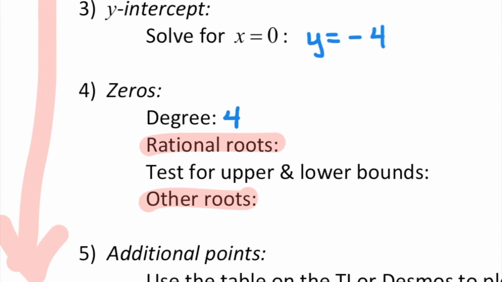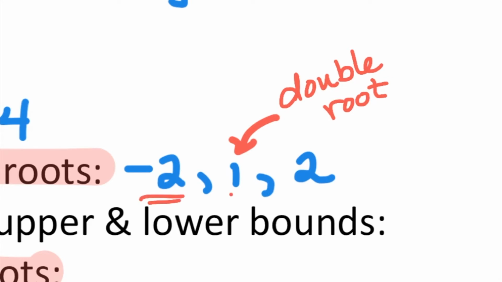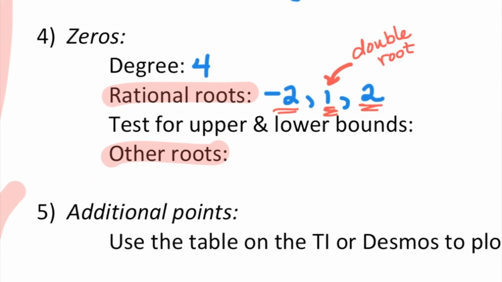So your rational roots are negative 2, positive 1, and positive 2. And notice that there's a bounce in the graph at positive 1, so that's going to be a double root. And so in this case, you've got 1, 2, 3, 4. You've got 4 rational roots. Therefore, there shouldn't be any other roots, so we're going to go ahead and write none here.